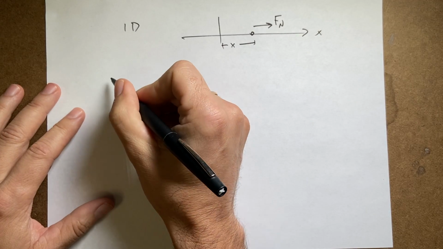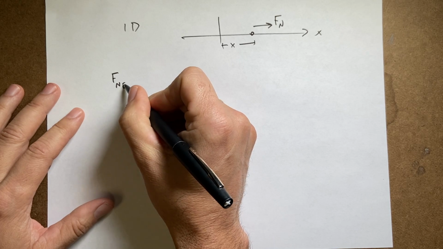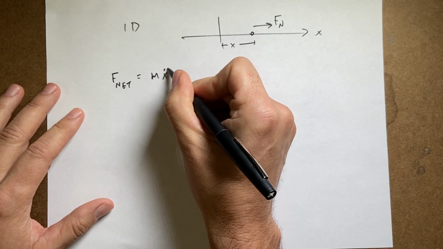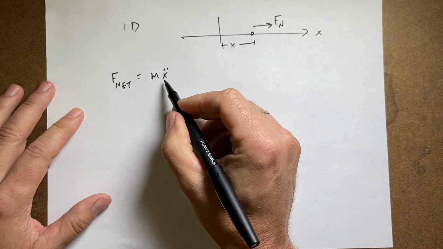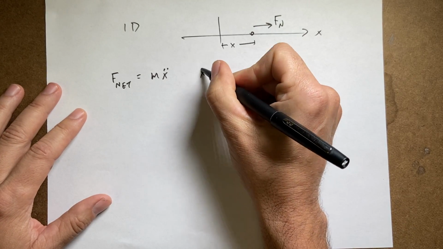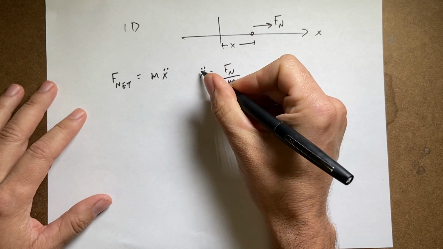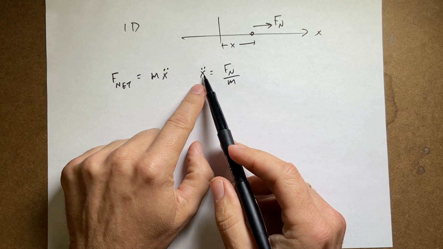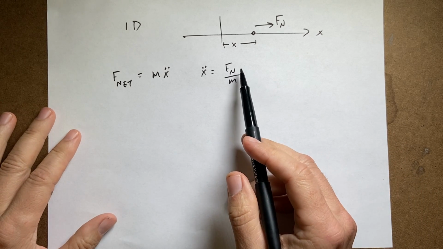So if I write Newton's second law in one dimension, I get F net, let's call it Fn really, equals m x double dot as a function of t. So if I solve for x double dot, I get x double dot equals Fn over m, and that's a function of t because the position's going to change, maybe the acceleration could change. In fact, x double dot has to be constant if the force is constant, but the force doesn't even have to be constant really.